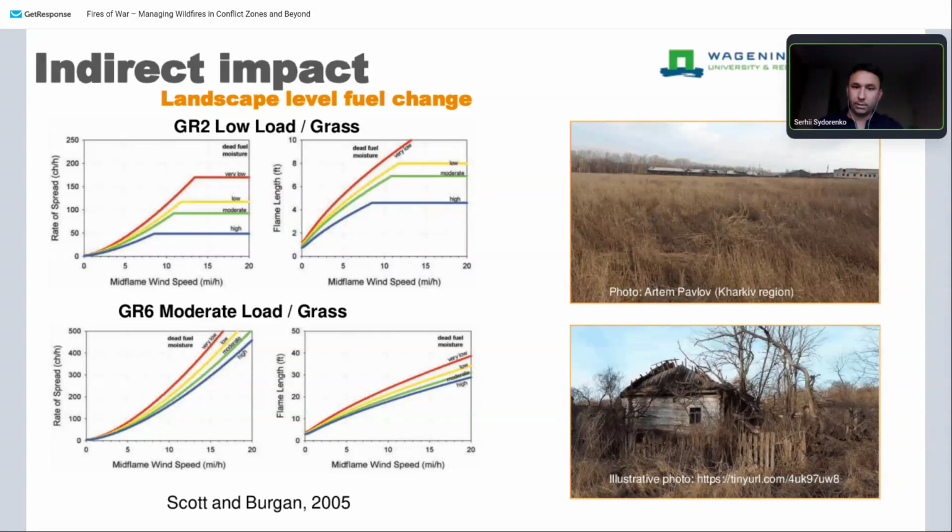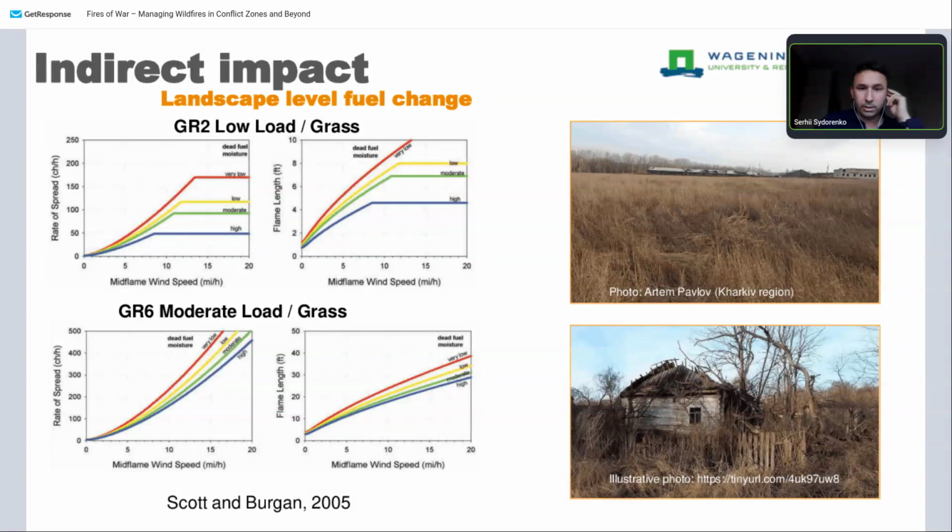It means that the moisture content of these crops is also different. So sometimes one cropland can behave as some kind of fire barrier for fires that are spreading from another field with other crops.